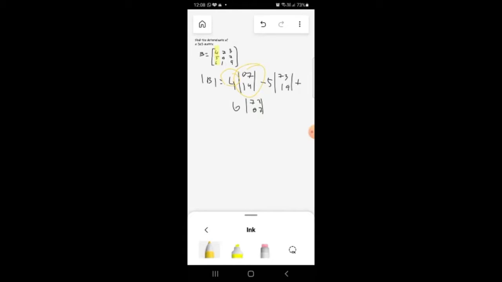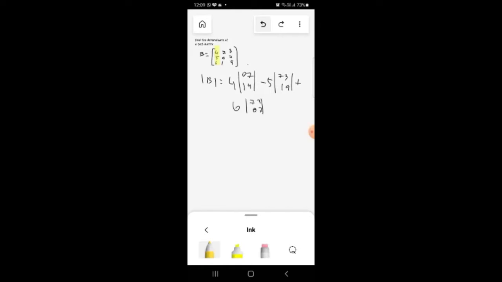4? Okay, because the first term, which is 4, we will cross over the horizontal and the vertical line of the first term, and the remaining that we did not cross over will be the determinant that will be multiplied with 4.